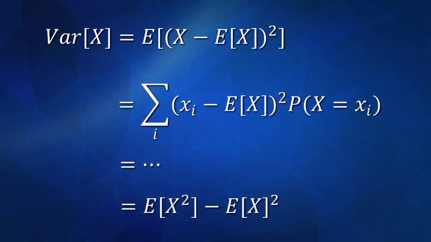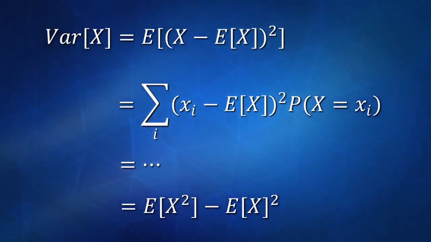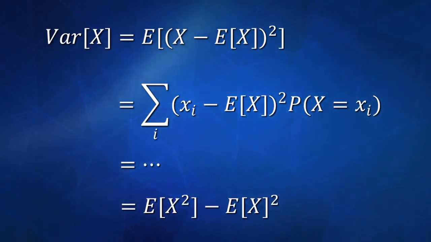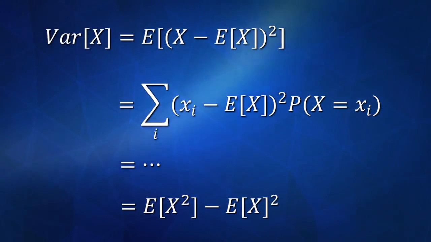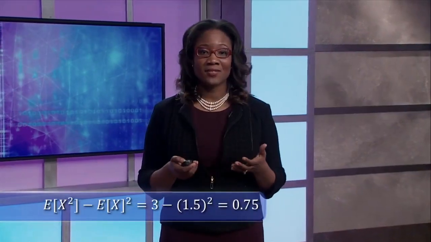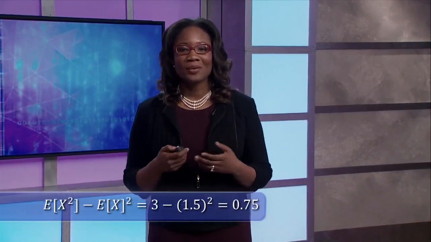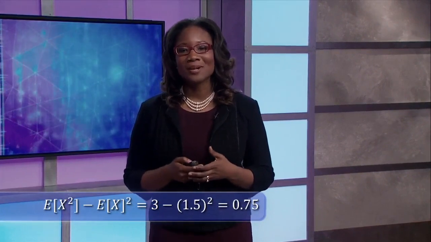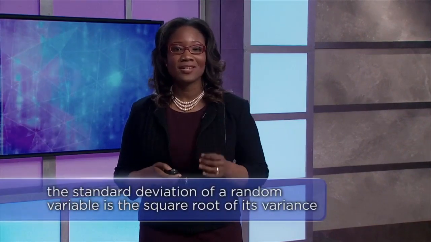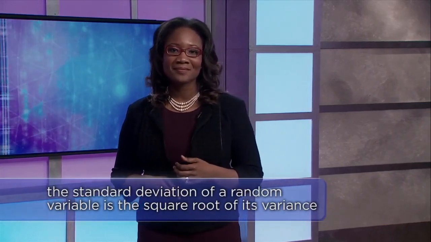This breaks down to the sum over all i of xi minus the expected value of x, squared, times the probability that x equals xi. The variance of the number of heads appearing after 3 coin flips can be calculated using this simplified equation: expected value of x squared, which is 3, minus the mean squared, 1.5 squared, to get 0.75. The standard deviation of a random variable is going to be the square root of its variance.